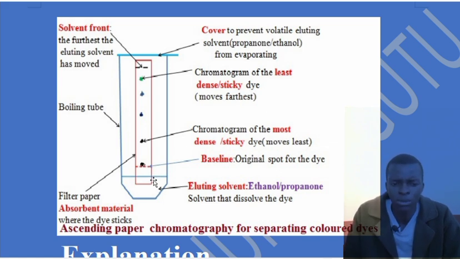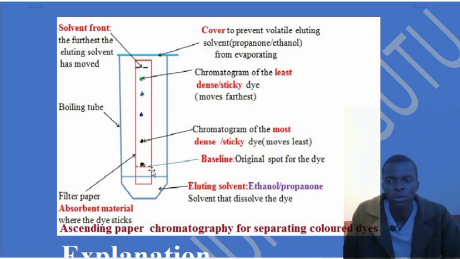Now we can explain that and say that when a drop of ink is placed on an absorbent material, it sticks. On adding an eluting solvent, it dissolves the dye and spreads out with it. Now the denser and sticky pure dye moves least.